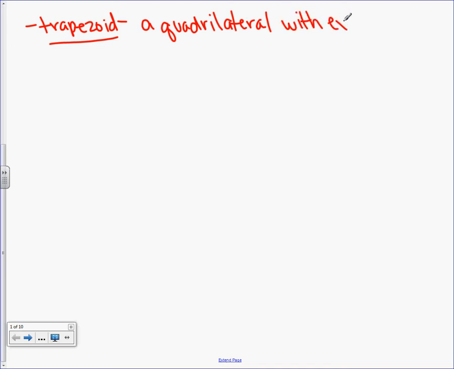So let's remind ourselves what a trapezoid is. A trapezoid is a quadrilateral. Four sides, we'll start there. Quadrilateral means four sides, with exactly one pair of parallel sides.